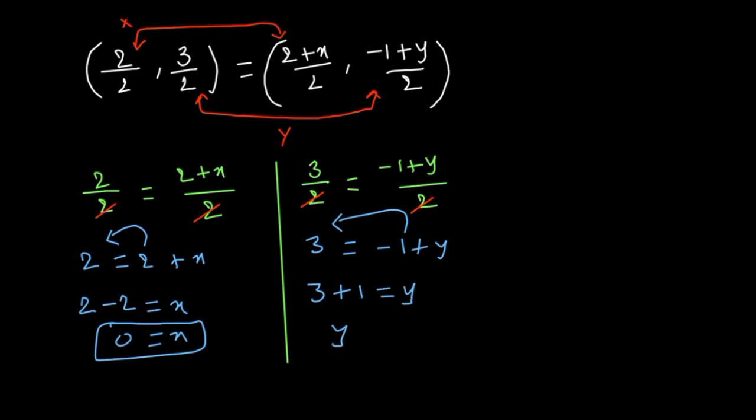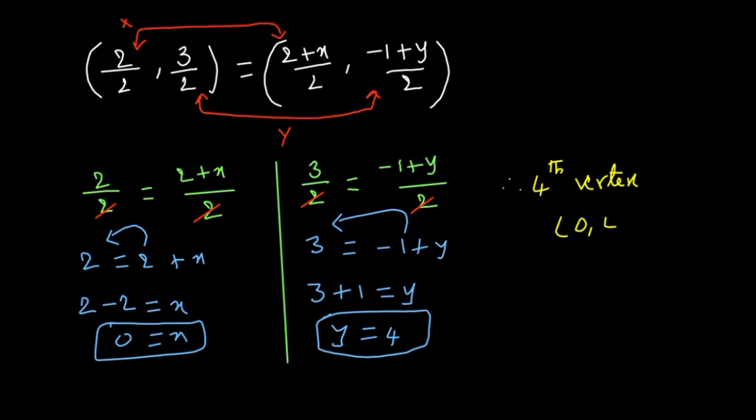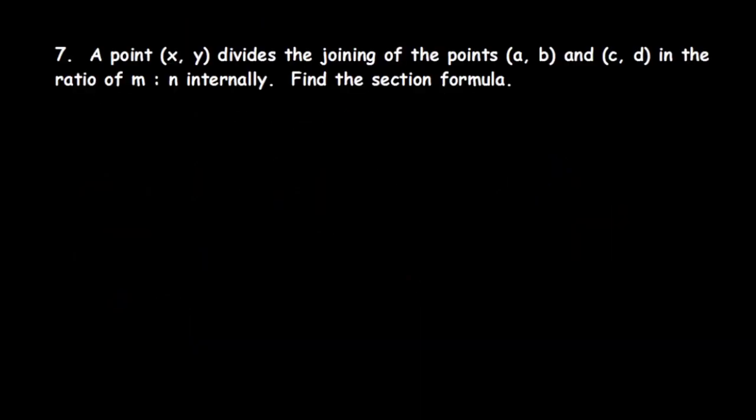Then y equals 4. So what is the fourth vertex now? Therefore the fourth vertex is (0, 4). So it's very important for 2 mark questions or 1 mark questions or for bits.